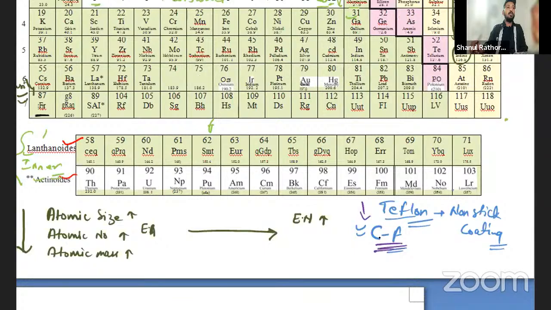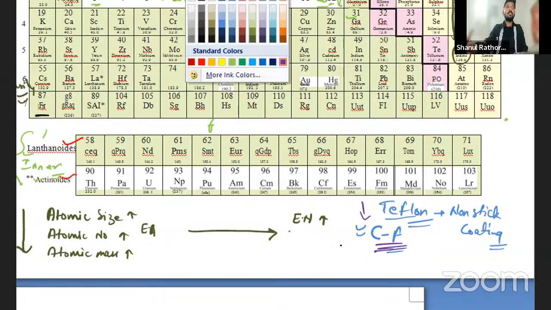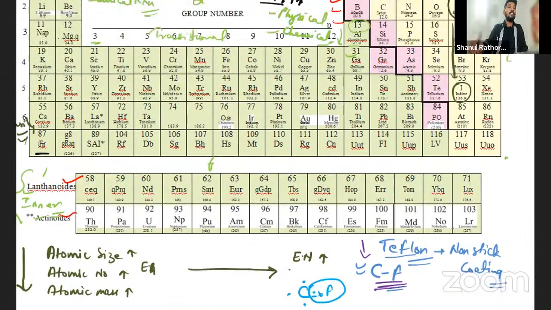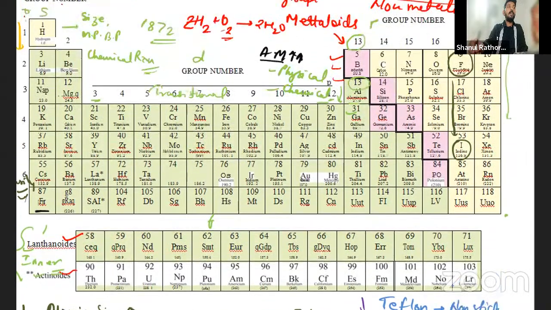So as we talk about the Lewis dot structure of carbon, we will get 4 electrons in the outermost orbital. So the fluorines will get attached and get the remaining electrons that are necessary for their noble gas configuration.